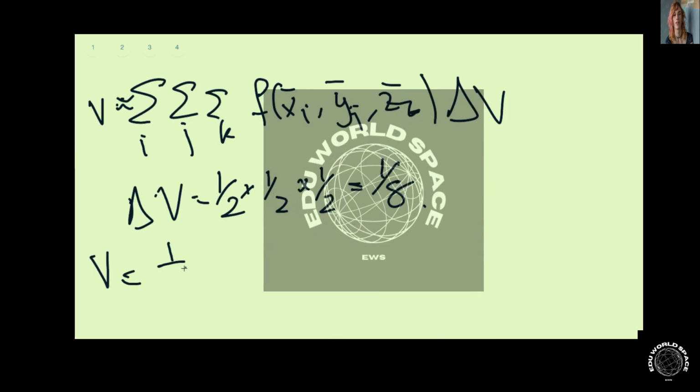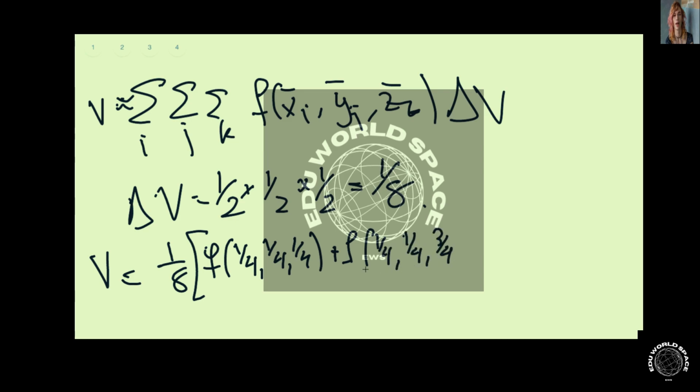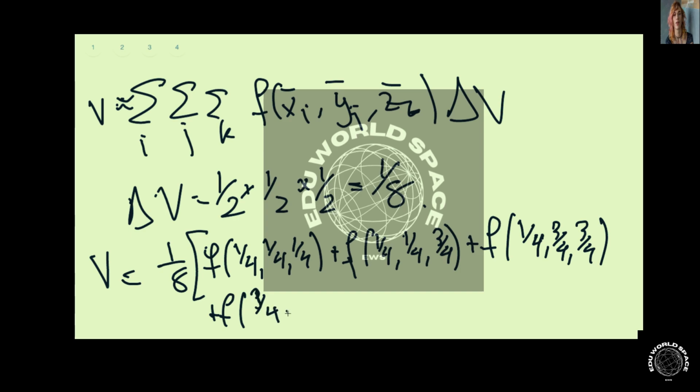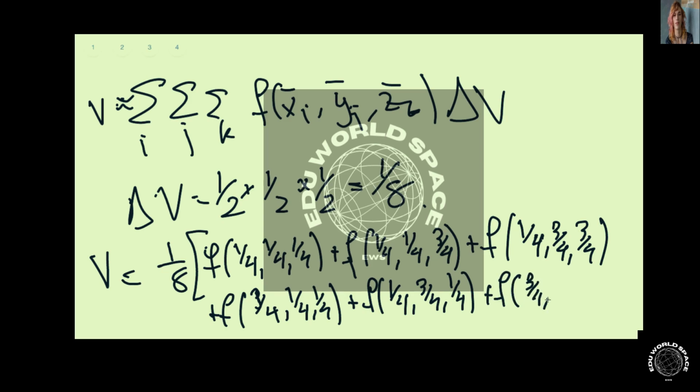Okay, so our volume is going to be 1/8 times f of 1/4, 1/4, 1/4, plus f of 1/4, 1/4, 3/4, plus f of 1/4, 3/4, 3/4, plus f of 3/4, 1/4, 1/4, plus f of 1/4, 3/4, 1/4, plus f of 3/4, 3/4, 3/4, plus f of 3/4, 1/4, 3/4, and let's see if I can squeeze this in, 3/4, 3/4, and 3/4.